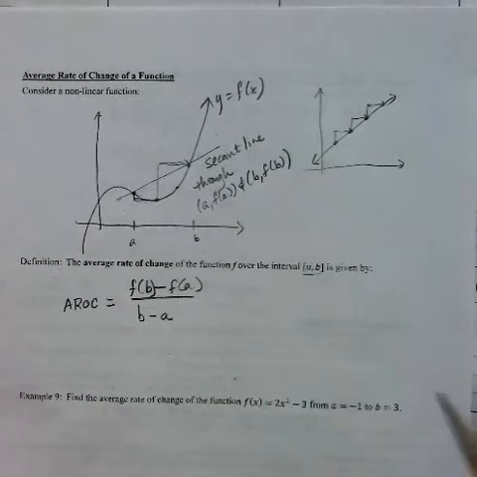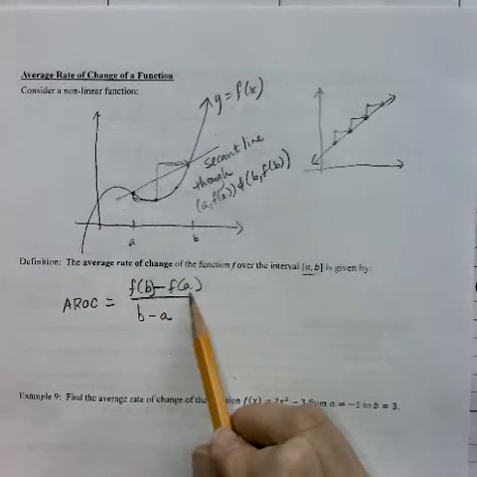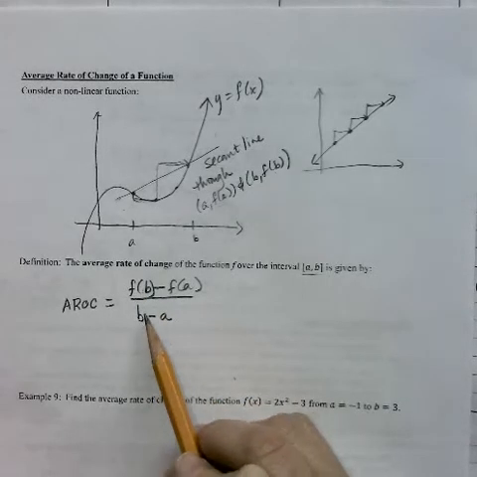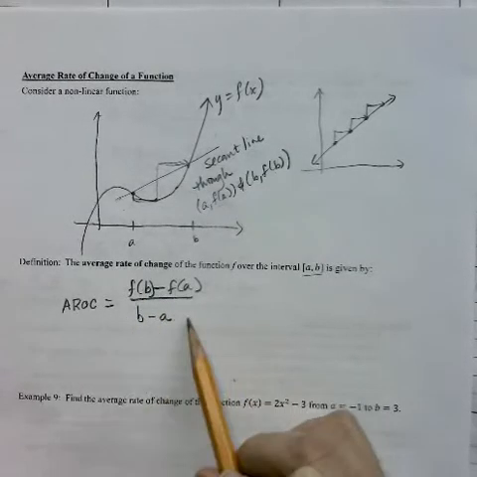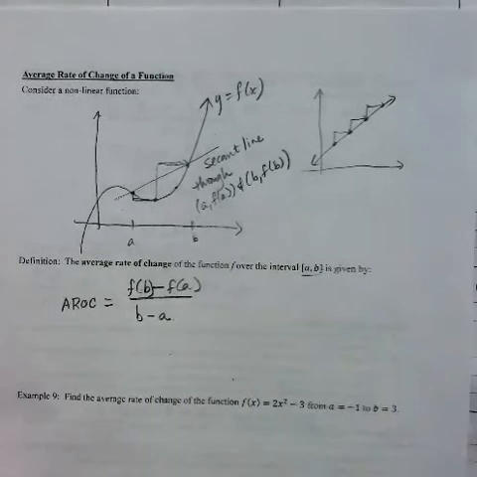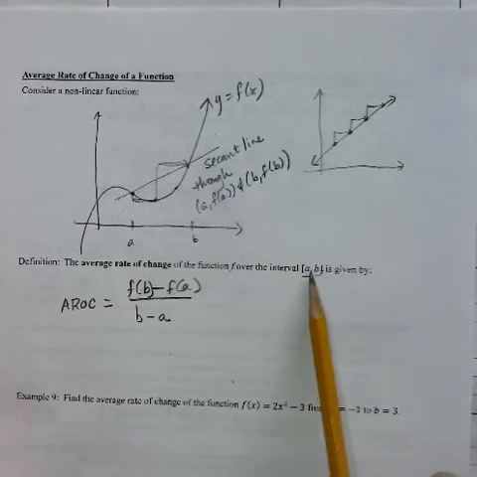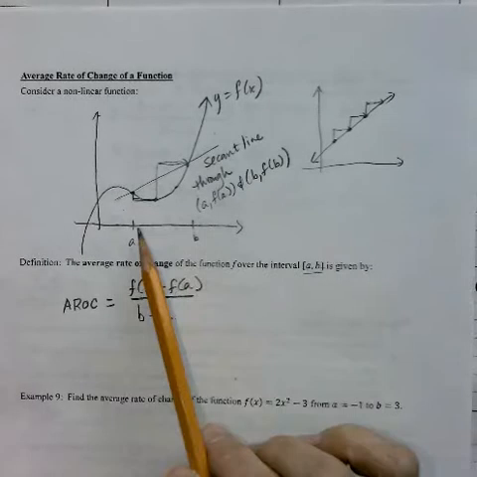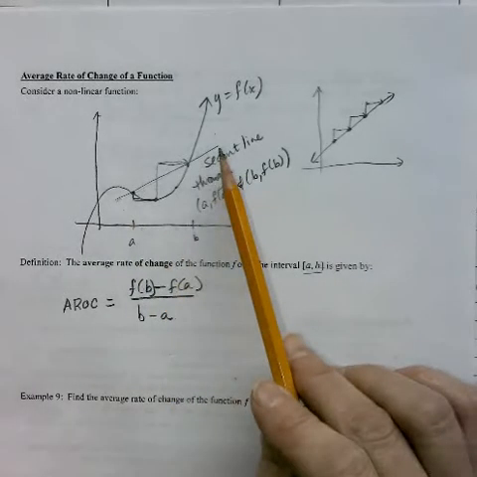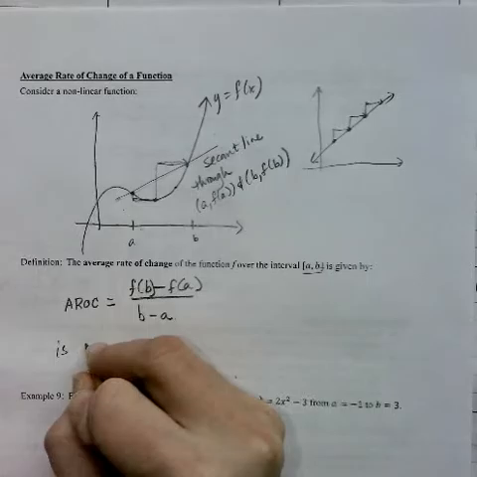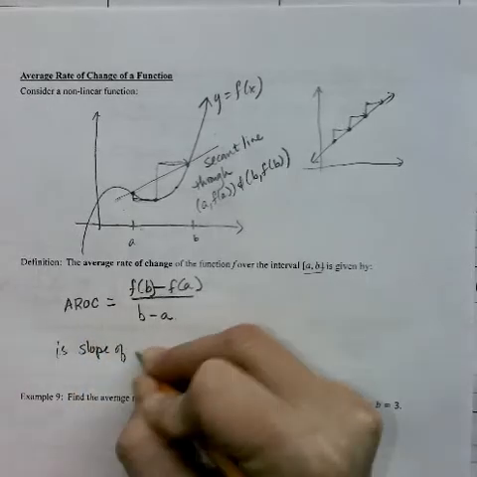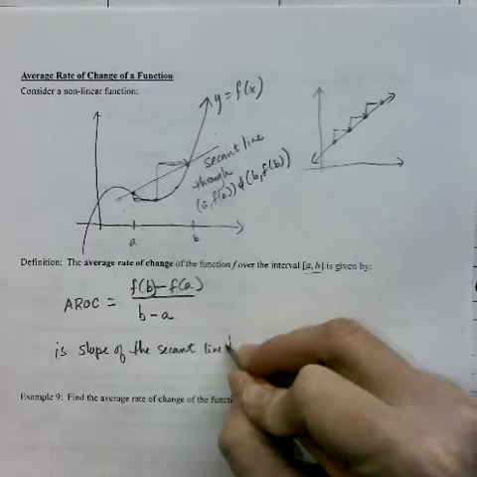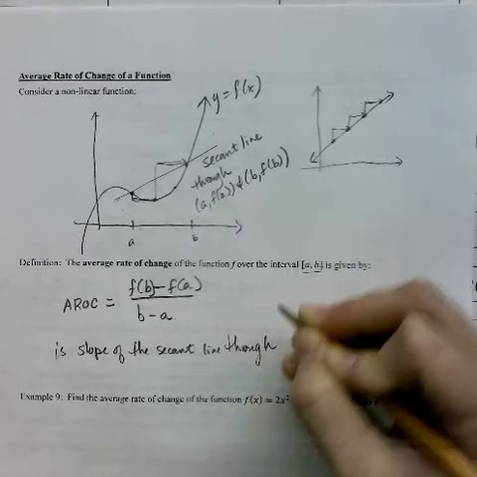Now the textbook might use x1, x2, f at x2 minus f at x1 over x2 minus x1. It's the same thing, it's just using different variables for the beginning of your interval and the end of your interval. So this is an interval here from a to b. So the average rate of change is the slope of the secant line through those ordered pairs that I just wrote up here.